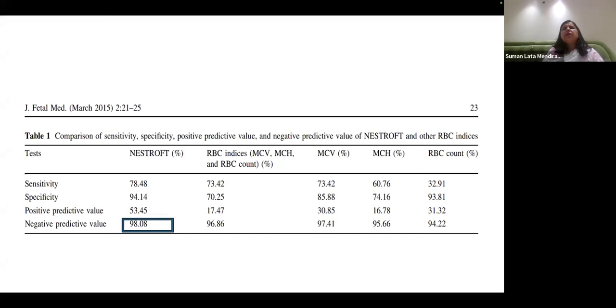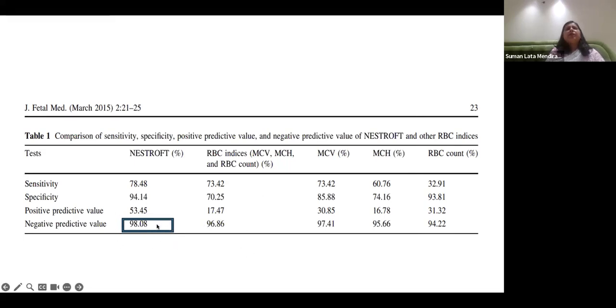In this study, we compared the sensitivity, specificity, positive predictive value, and negative predictive value of NESTROFT, RBC count, MCV, and MCH. The sensitivity was 78 for NESTROFT, 73 for MCV, 60 for MCH, and for RBC count it was 32.91.